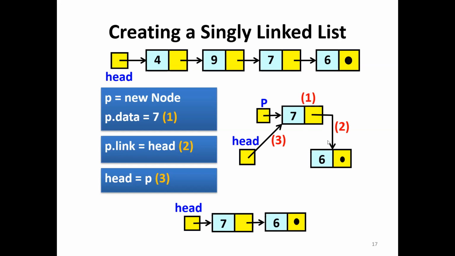And when that is achieved, we then move the link to this new element to head. So this is how you continue to create this one, create that one, until you complete the task.